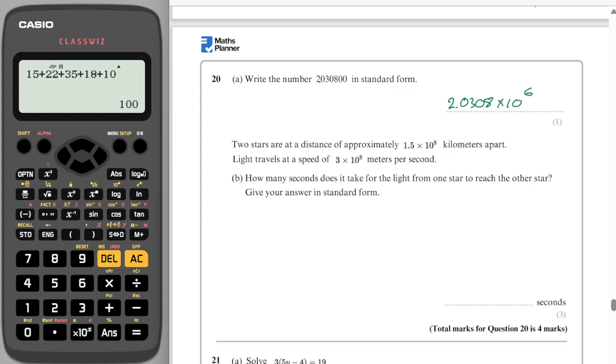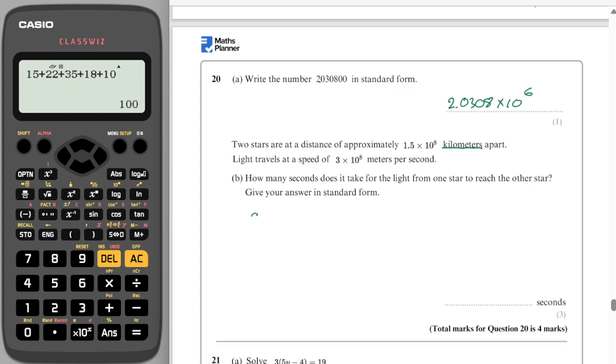Two stars are at a distance approximately 1.5 times 10 to the 8 kilometers apart. Light travels at a speed of 3 times 10 to the 8 meters per second. So we've got a difference of units there. How many seconds does it take for the light from one star to reach the other star? If I want to convert kilometers into meters, I'm going to have to times by 1,000.